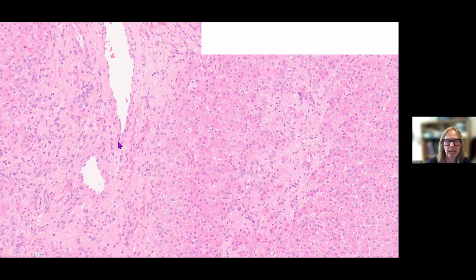Slightly higher power again of these structures. So here are arterial branches, quite thick-walled, not obviously accompanied by bile ducts, and biliary ductules, more obvious at this power. Biliary ductules again in this structure, which has arteries in it, but no obvious bile duct.